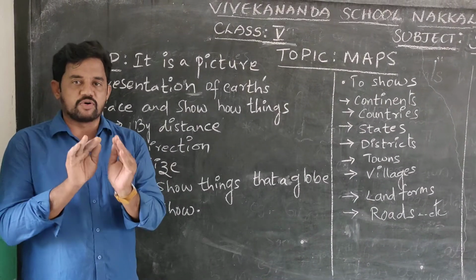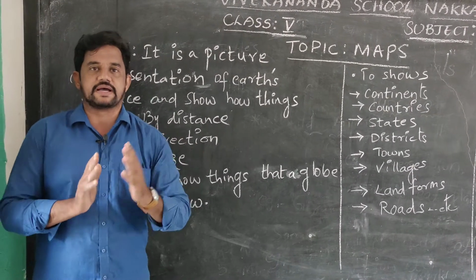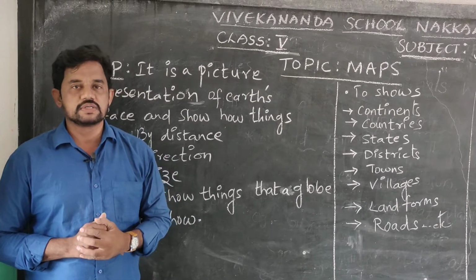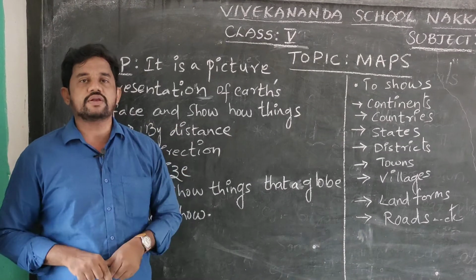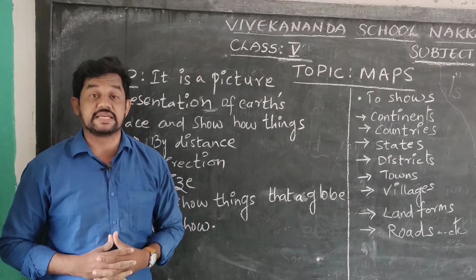For example, I want to see a state or a country which is beside India. Is it possible to see it on the globe? No. So how should I see? There should be some picture drawn so that all the countries beside our India can also be seen.